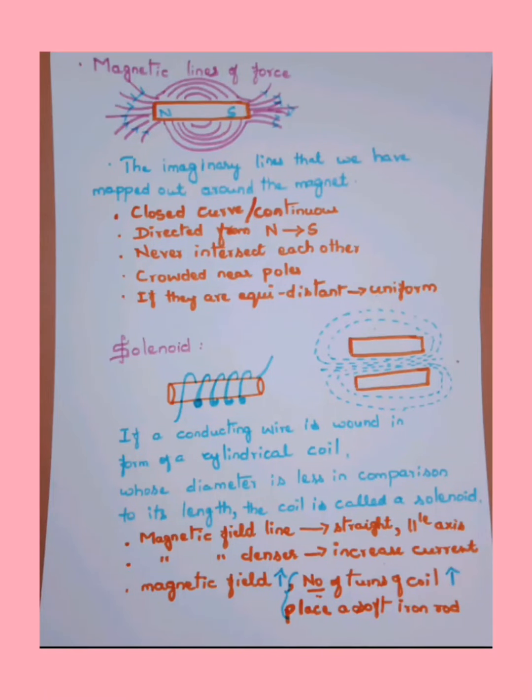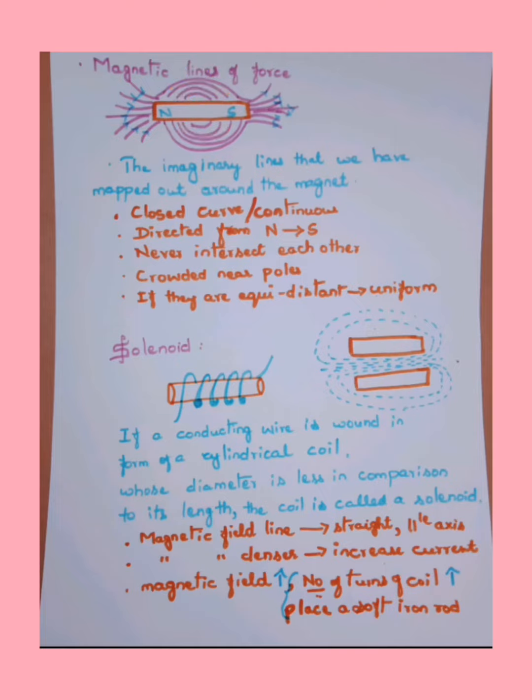Okay, now we shall learn about magnetic lines of force. The imaginary lines that we have mapped out around the magnet are called magnetic lines of forces. We have learned about the magnetic field around the magnet. So if you draw imaginary lines around this magnet using the compass, it is given in the experiment part in the textbooks.